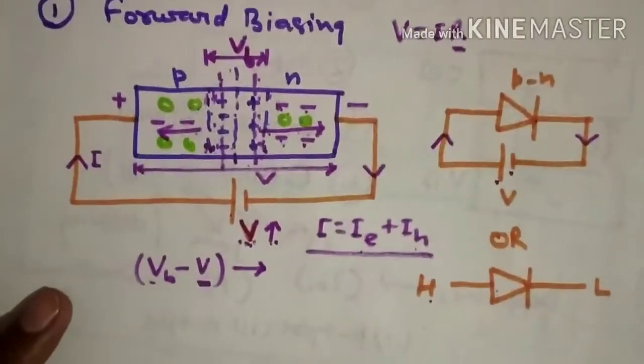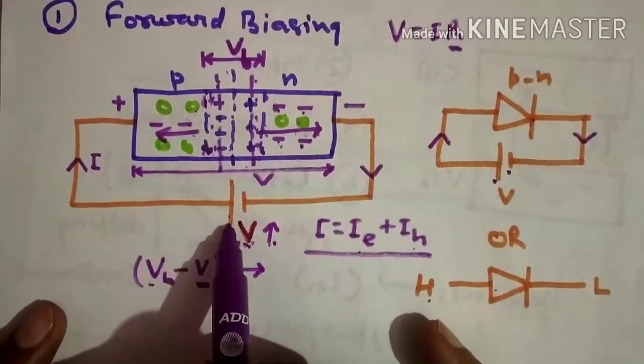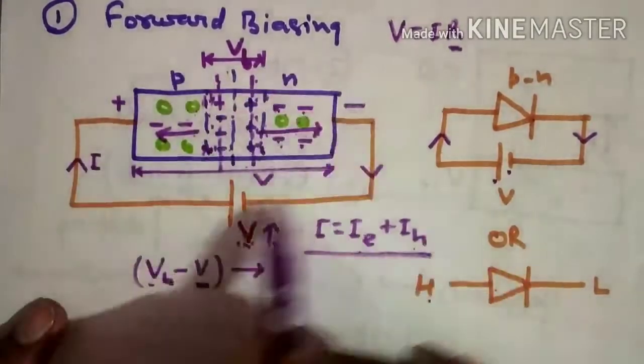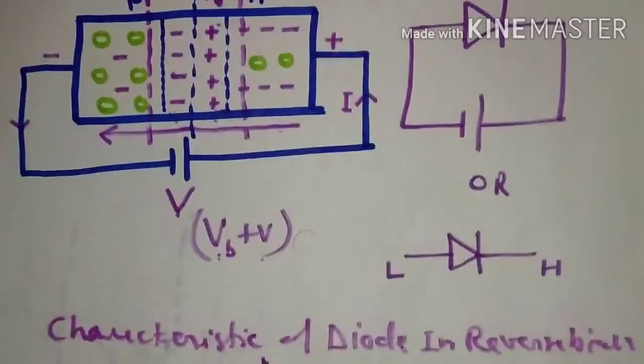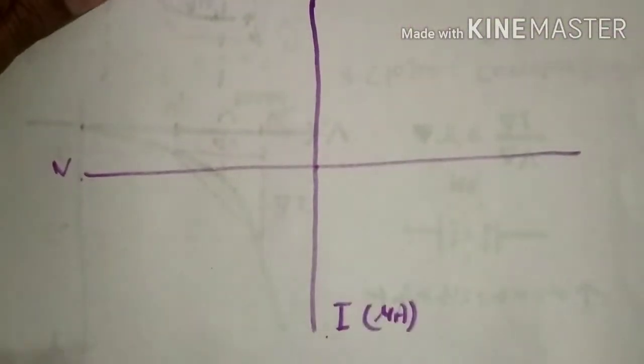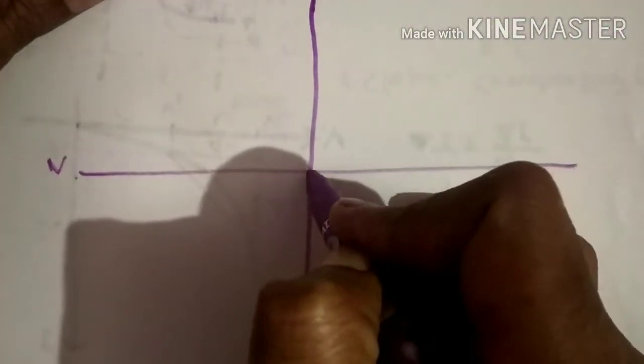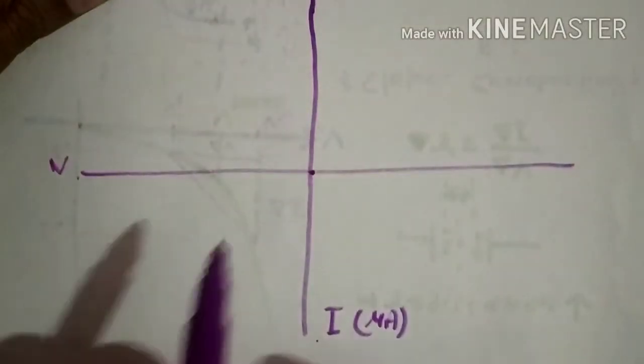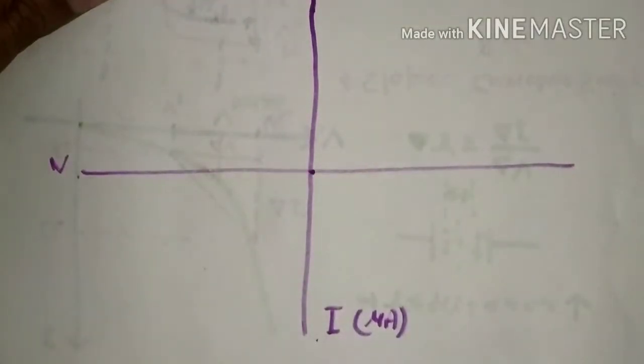In the forward biasing, just you see, this is the polarity and this is the direction of current. Now the direction of voltage, and hence the direction of current, if any, is reversed. So I am plotting the graph in the third quadrant.